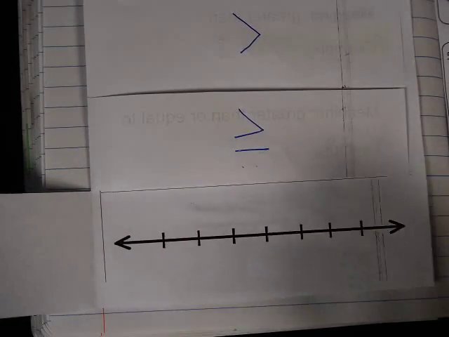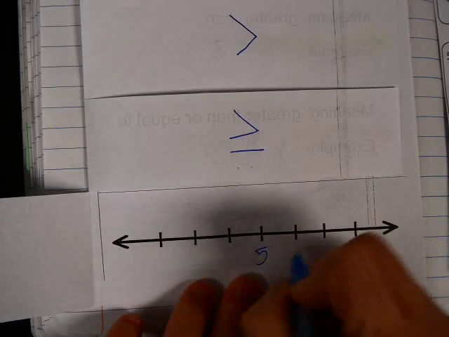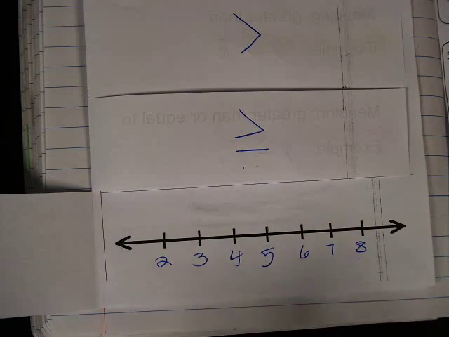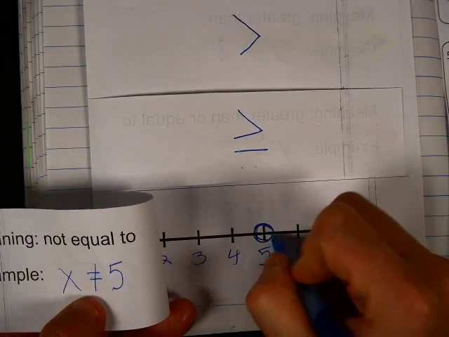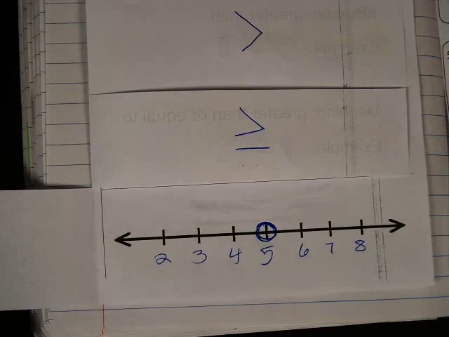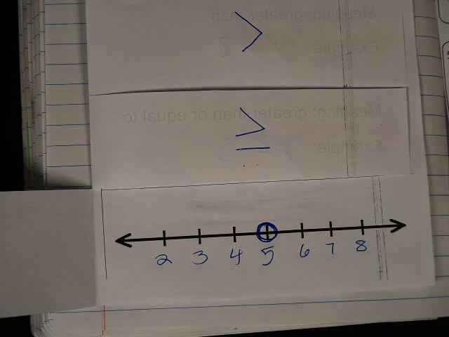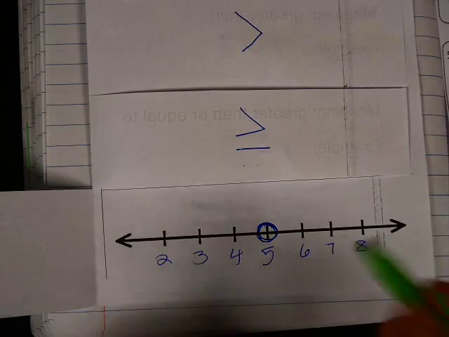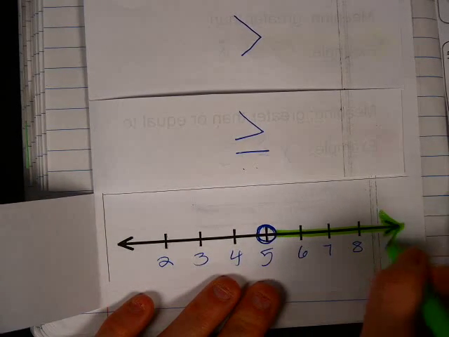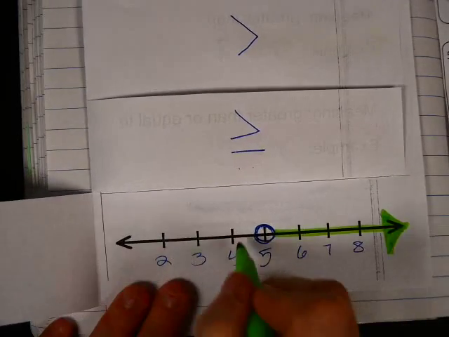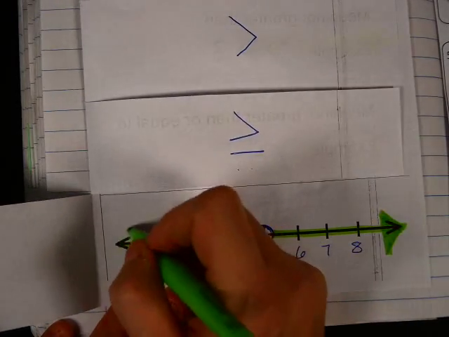So how we do this, and I'm going to write 5, and then go up, go down, here we go. Alright, so if it has the not equal, it's an open circle. We're talking about everything but that. And when I said everything but 5, that means everything in both directions. So you have to shade everything, both directions, but not that 5.